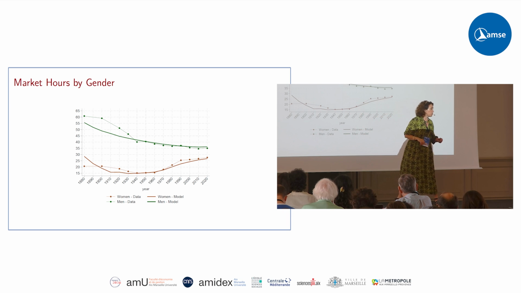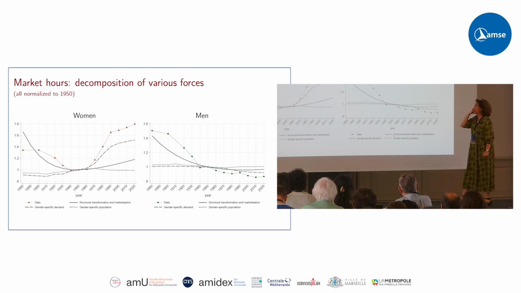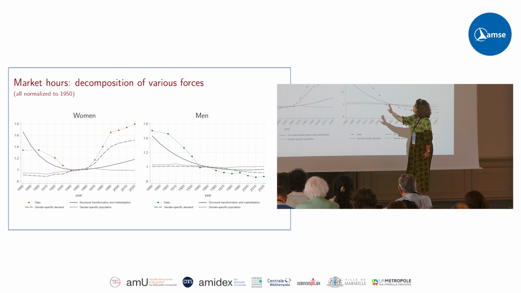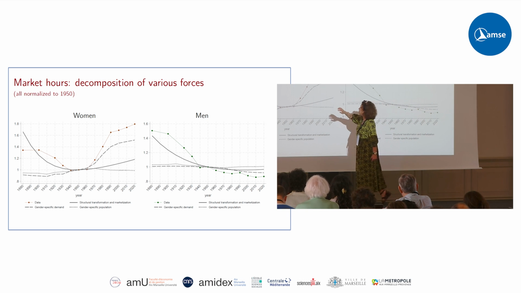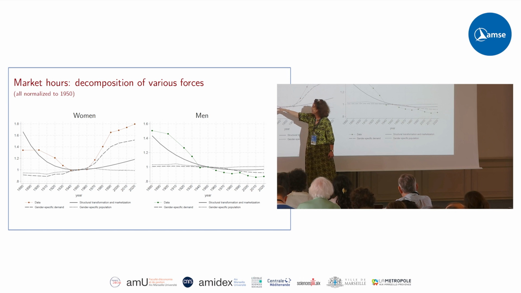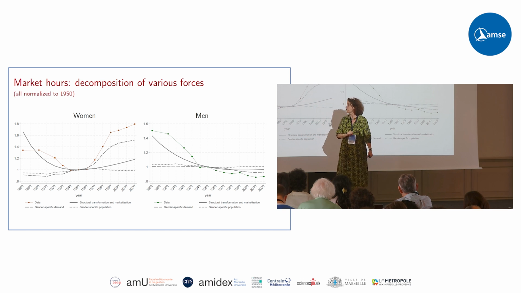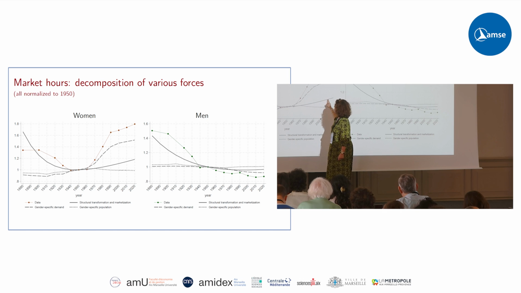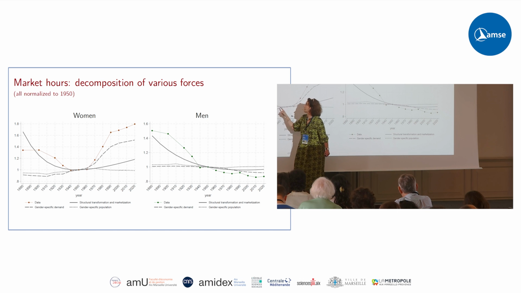But what is more important for what we do, in terms of our main forces of structural transformation and marketization, is that for both men and women, we look at the data, the dotted line, and then we have these three other lines that represent each force in isolation. The solid line here represents structural transformation and marketization.